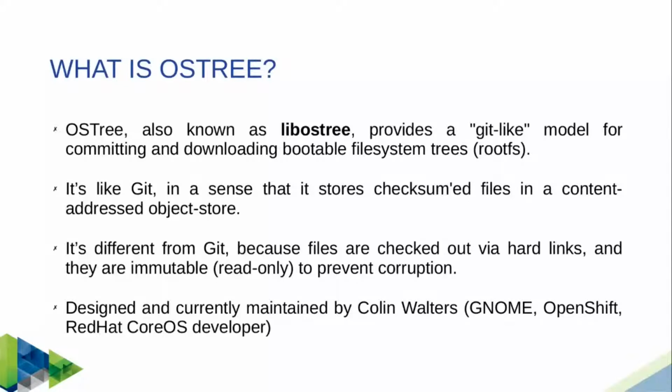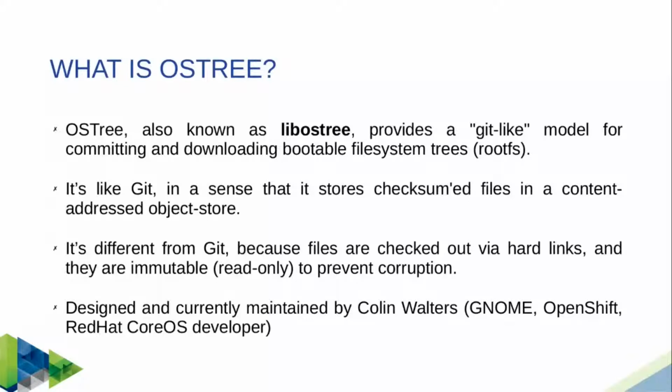When you check out a version, Git will create a working directory with that version. It will generate for you that snapshot of your repository that you're requesting with the checkout operation. But with OSTree, it will create hard links to the objects in the repository. And there is a reason for that that we're going to discuss in this presentation.